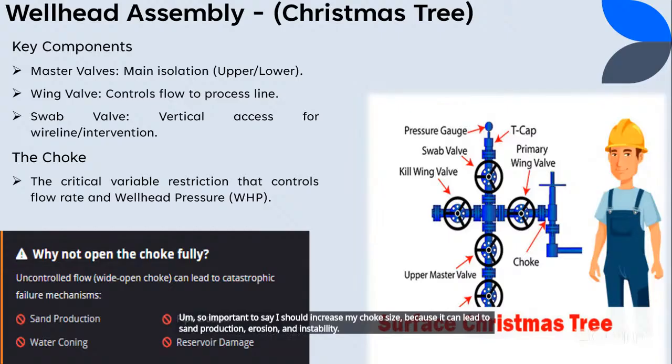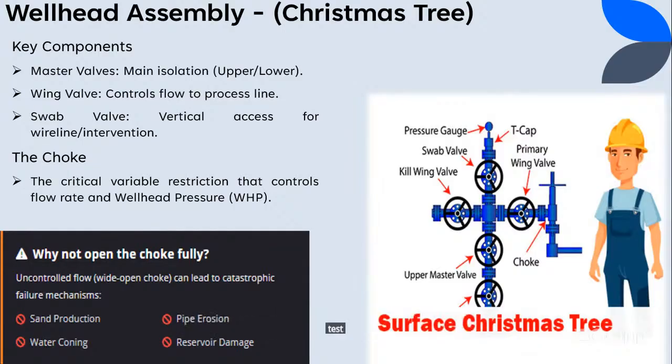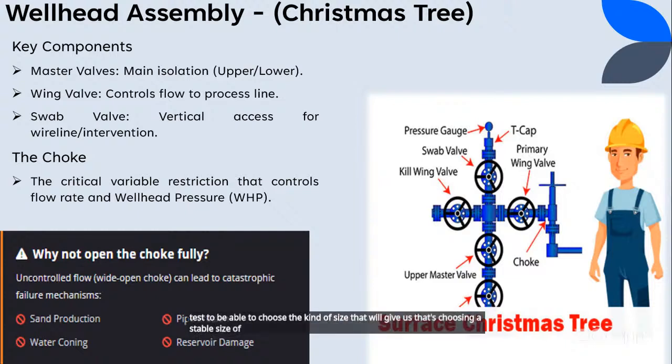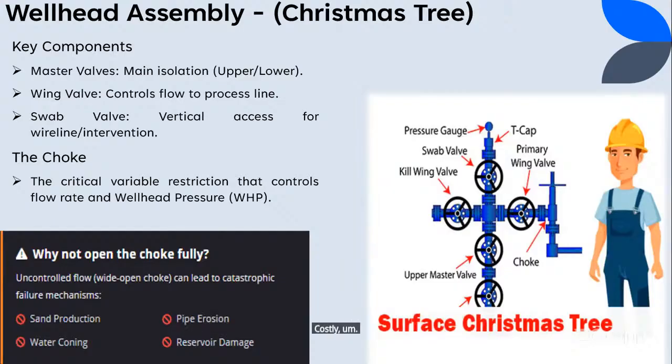So what we need to do is to be guided by our nodal analysis and sensitivity test to choose a stable size of choke that would extend the well life and also avoid costly workover operations.